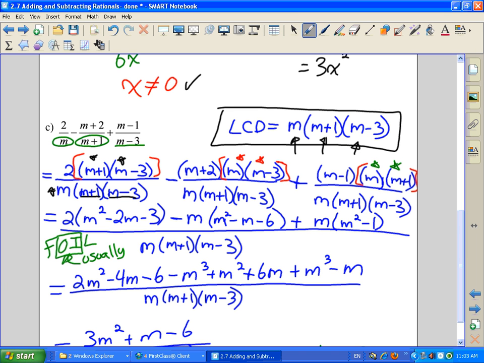So first of all, we go m times m is m squared. Now watch the second one. I'll change the color to red here. M times negative 3 is negative 3m, but then you do your inside, which is plus m. So negative 3m plus m is negative 2m. So we're just combining that just to save room, ladies and gentlemen. You don't want to be writing this expression out as many times as need be.